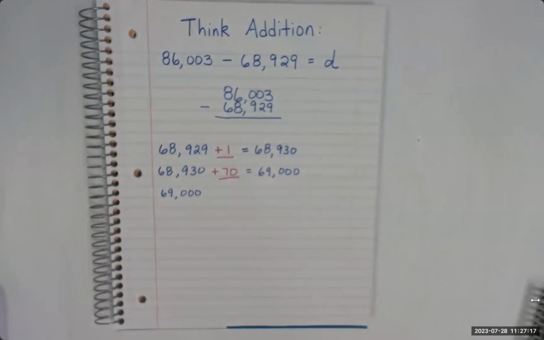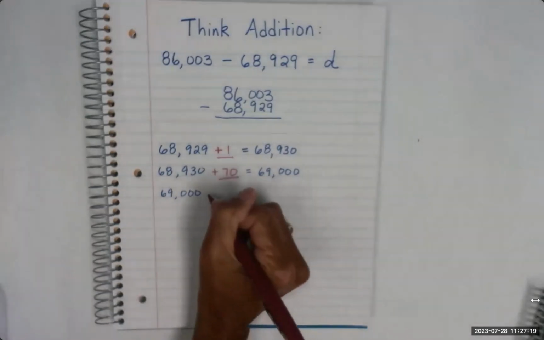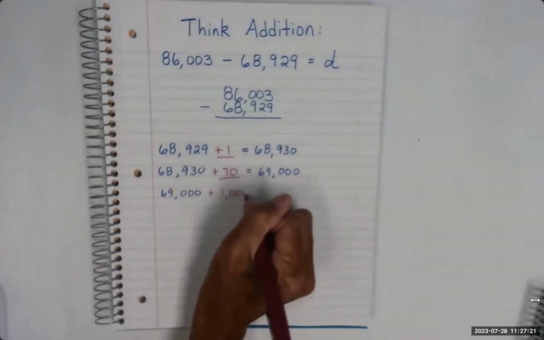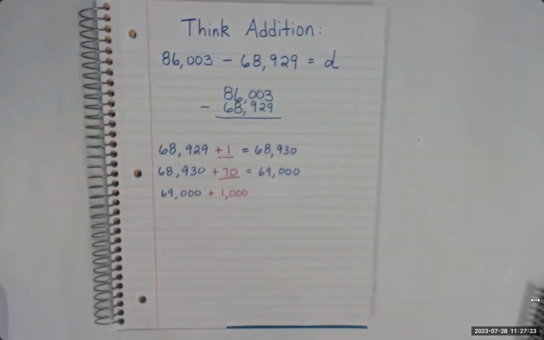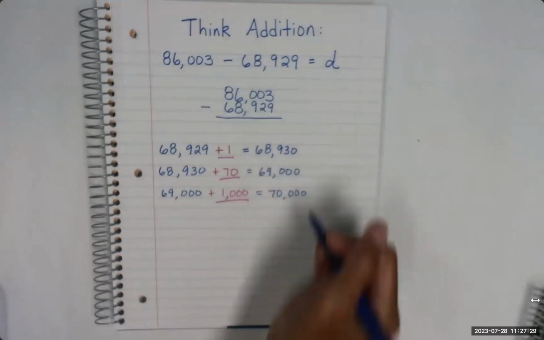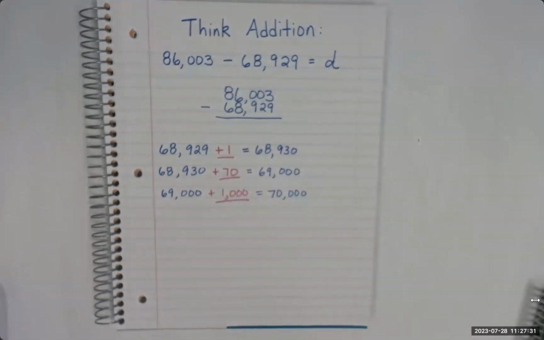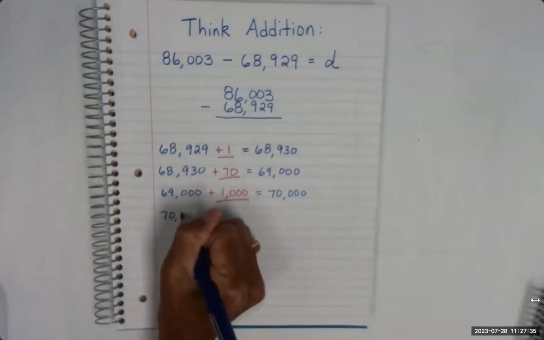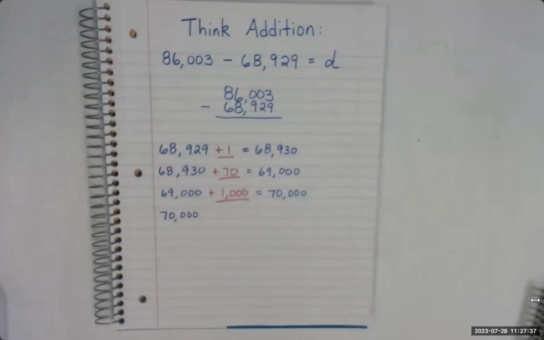And from 69,000, a student could then add 1,000. And that would help them add to 70,000. Now, 70,000 would be a very efficient number to add to.